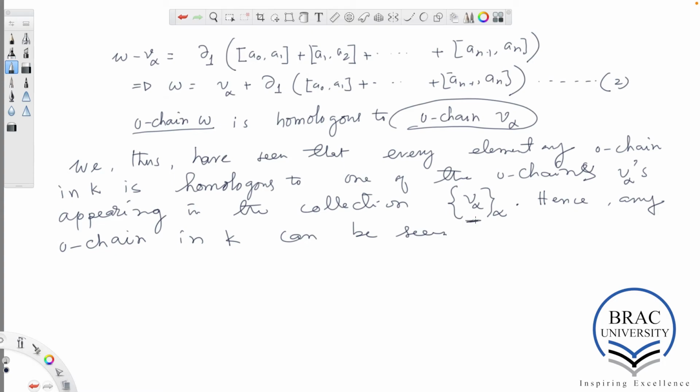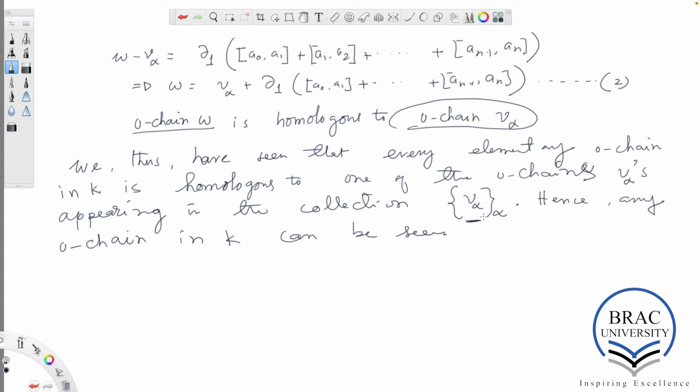These are zero chains corresponding to the vertices V alphas. Okay, it's again the abuse of notation. They are written by the same symbol, the elementary zero chains and the corresponding vertices.